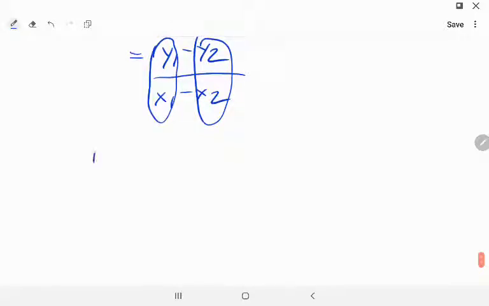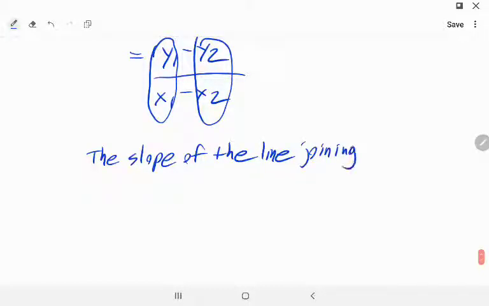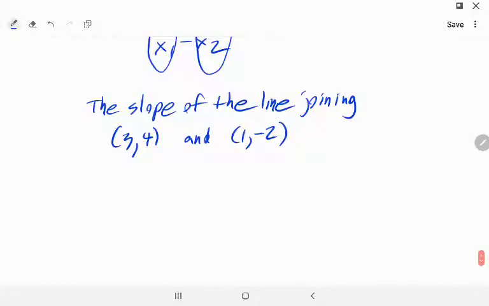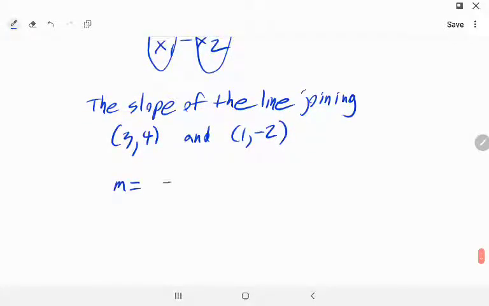So if we look at the slope of the line joining (3, 4) and let's make it (1, negative 2), we can calculate the slope. m is going to be negative 2 minus 4 divided by 1 minus 3.